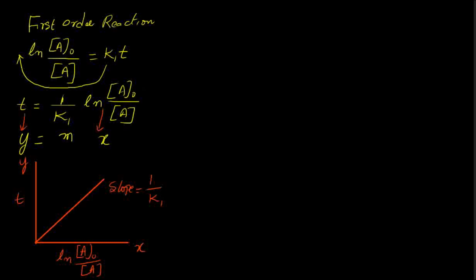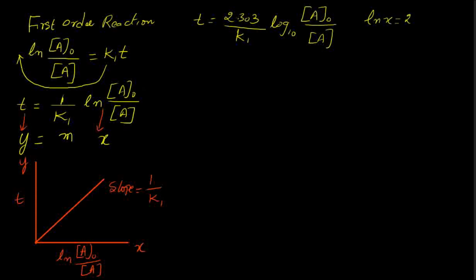But this relation in the form of log base 10, we can now write as t equals 2.303 by k1 log base 10 a naught by a. Here ln x equals 2.303 log base 10 x.